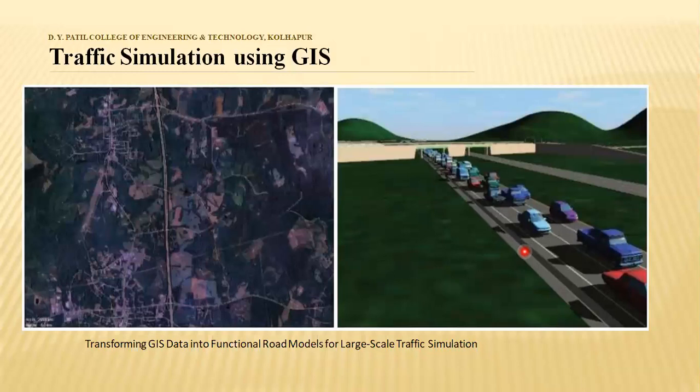This is the transforming of GIS data into a functional road model for large-scale traffic simulation. You can see in the map, taken from Google Earth software, some roads, and by using this map we can simulate the traffic problems.